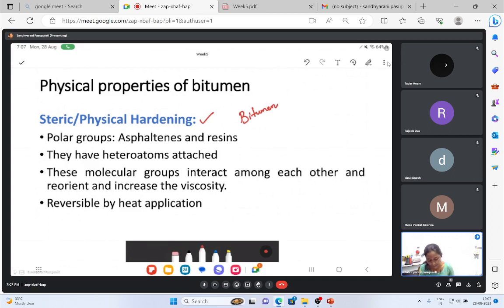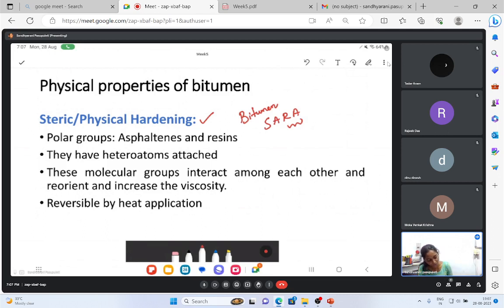This is called steric hardening or physical hardening. Why does this happen? If you take the bitumen, it has SARA fractions. In these SARA fractions, R and A, resins and asphaltenes, are the polar groups. When I say polar groups, they are the active groups; they can interact and form some other molecular structure or they can reorient.